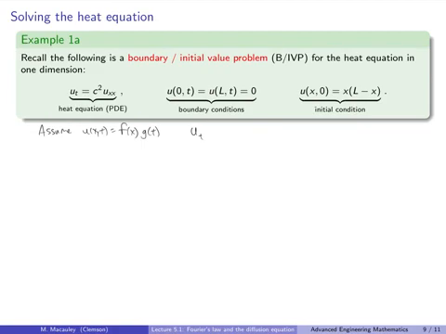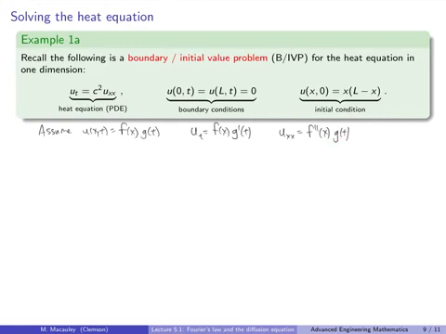So u_t, the time derivative, is just f of x g prime of t, because with respect to t, f of x is just a constant. And similarly, u_xx is just f double prime of x times g of t, because with respect to x, g of t is a constant.